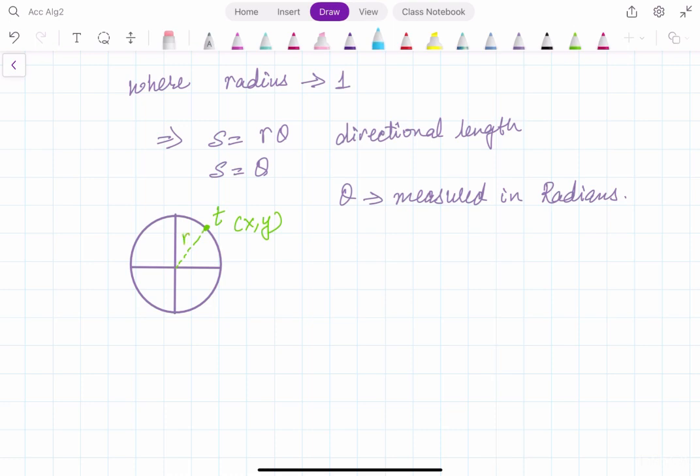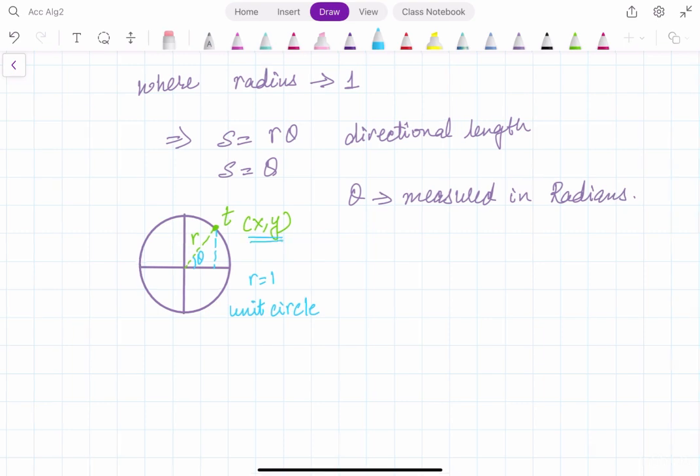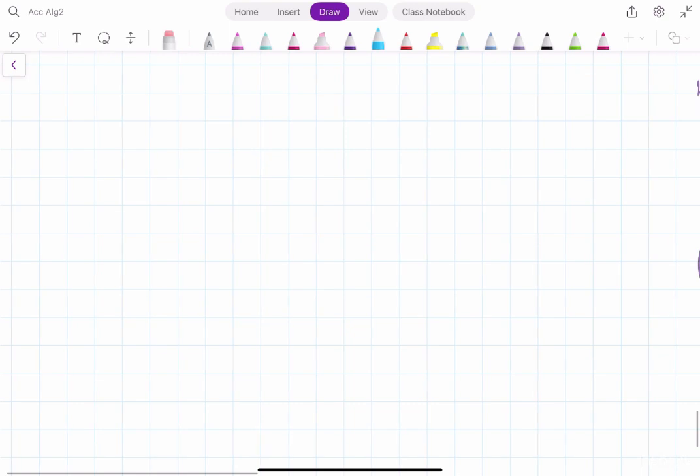And if I connect the point T with the vertex, that is nothing but the radius. And then we have angle theta. So to understand this, if you remember in geometry when you used to represent the triangle, a triangle has three vertices, right? A, B, and C. In the same way, T is just a point on the circle.